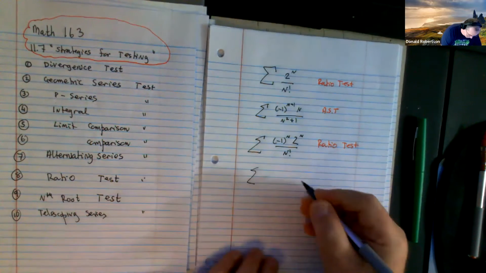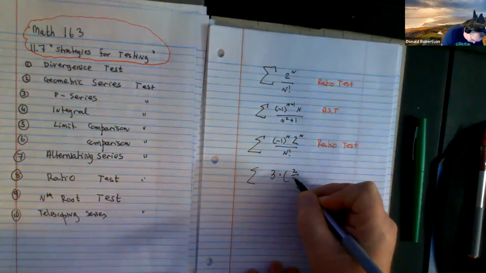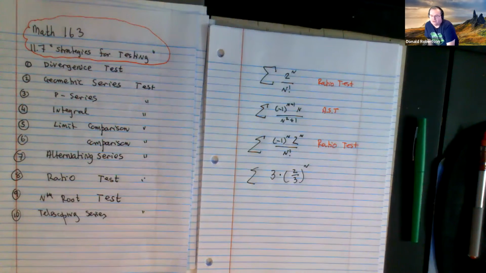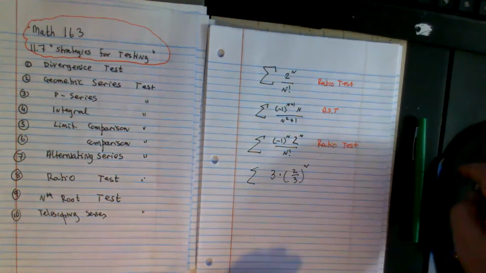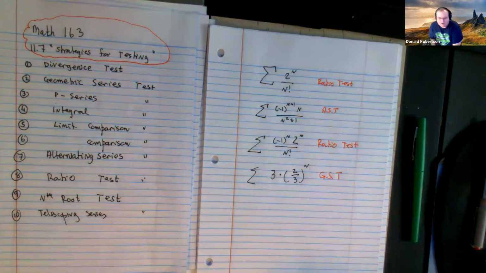Now, what test would you use for that one? It'd be the geometric series test. I'm going to ask the same question every time. Correct. That's what I would use.